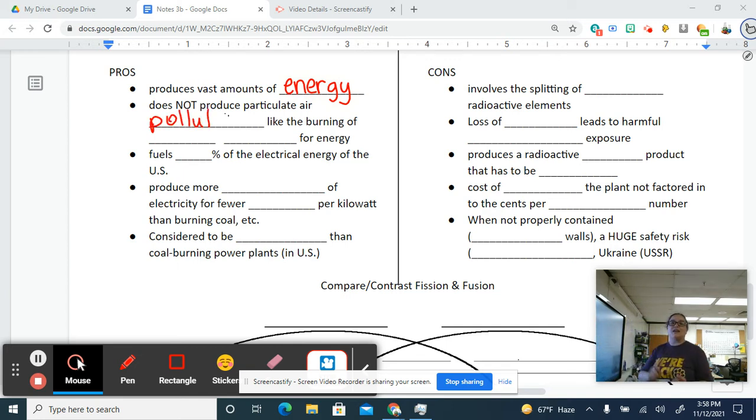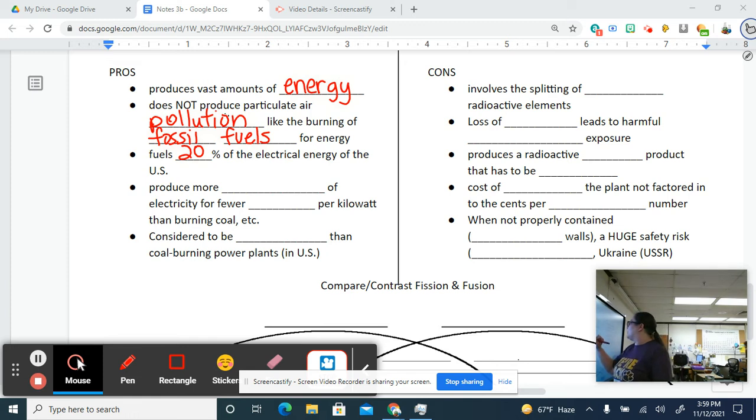When you burn gasoline, diesel, leaves, coal, or anything like that, there is particulate air pollution produced. When you burn any fossil fuels, you're going to get particulate air pollution, and there is none. There's no air pollution. It fuels about 20% of the electrical energy of the United States.